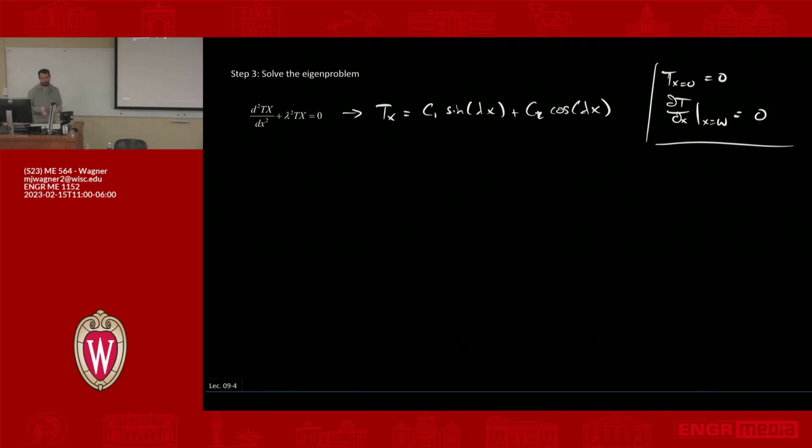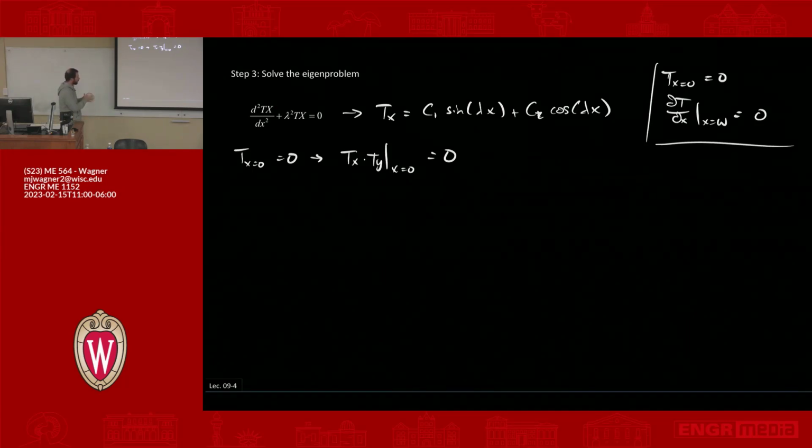In this example, it doesn't really change that much, but let's go through it just so you can see the steps. So we're going to make the substitution: T at x equals 0 is T_x times T_y evaluated at x equals 0 is equal to 0, right? This is just making that original substitution.